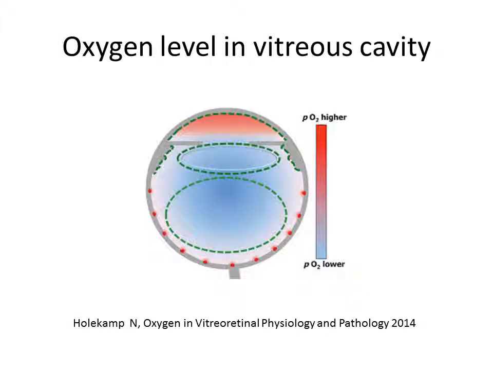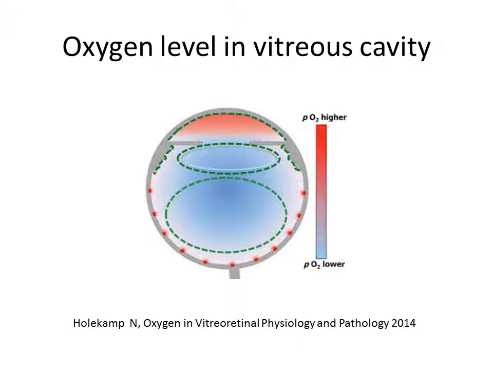So, this is the scheme introduced by Nancy Holekamp, and it shows the situation in the vitreous before vitrectomy. We have retinal vessels with a high saturation, and this oxygen diffuses into the vitreous cavity and creates a gradient inside.